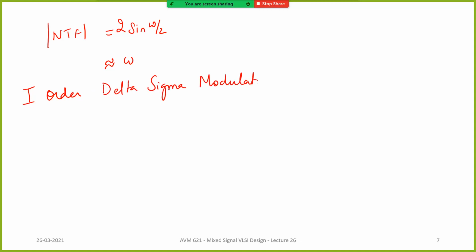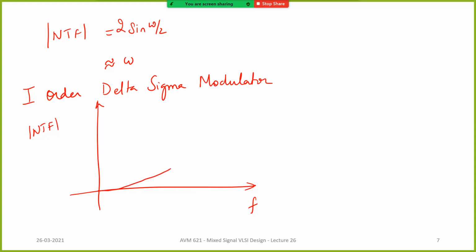All right. So if you want to plot the transfer function, mod NTF, if this is your frequency axis, and this is your 20 log of mod NTF, it will basically be something like this.